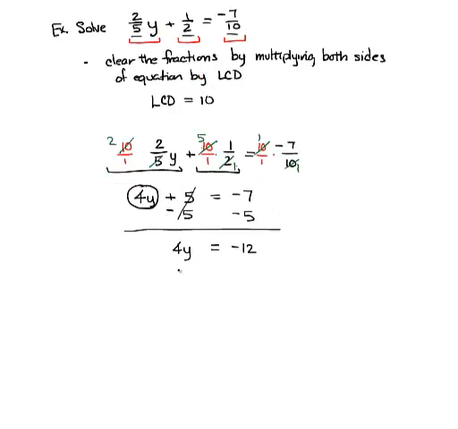And the last thing I do is try to get the coefficient of my variable, which is y, to be 1. To do that, I divide both sides by 4. Now the 4's cancel, right? That becomes 1. And I simply get y equals 12 divided by negative 4, which is negative 3. So my answer is negative 3.